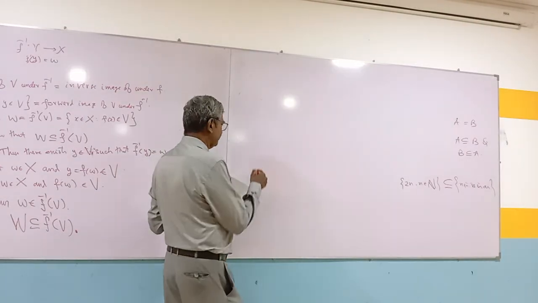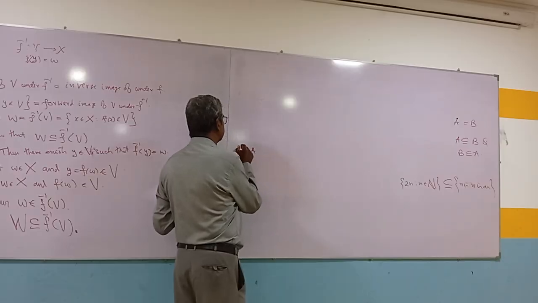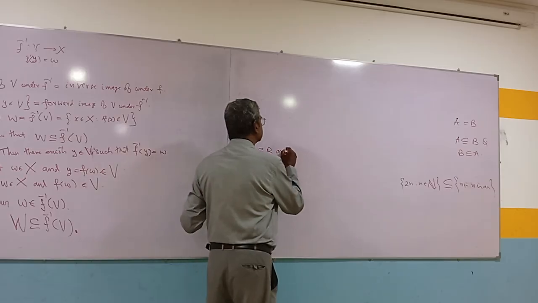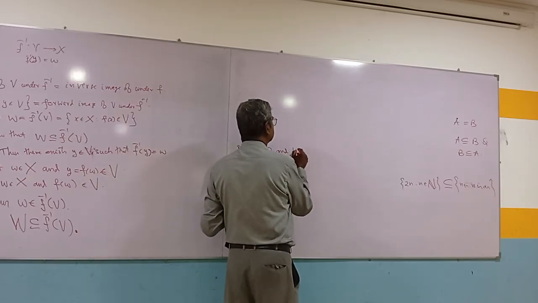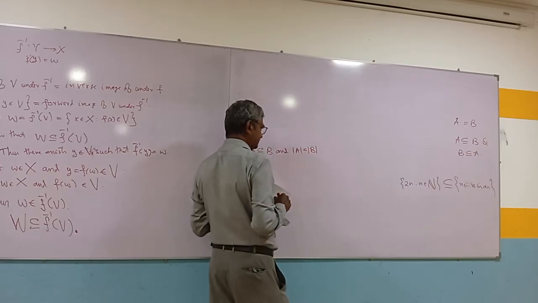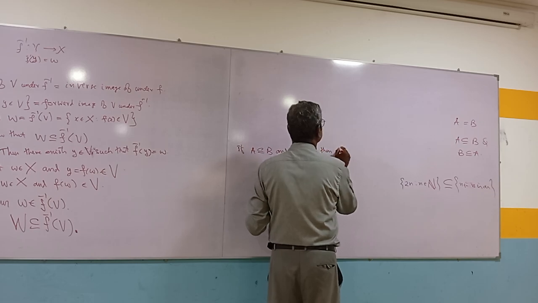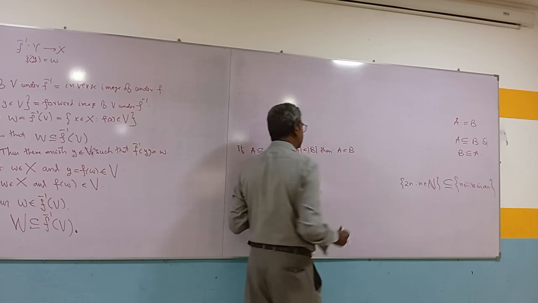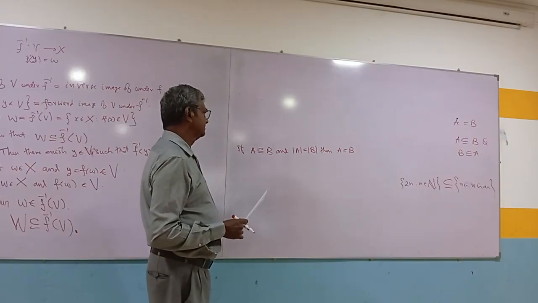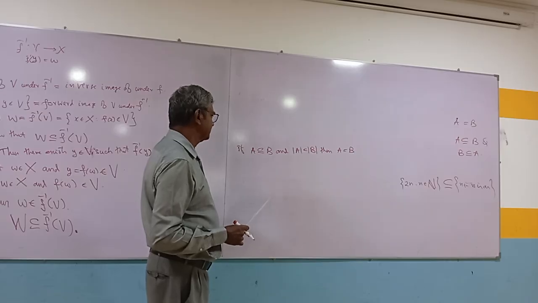If A is a subset of B, and then the cardinality of A equals the cardinality of B implies A equals B. If that implication is true, then A and B should be finite. No? Then A and B should be finite.